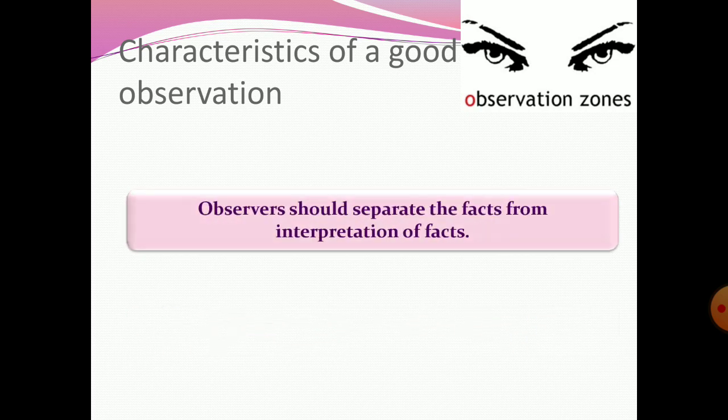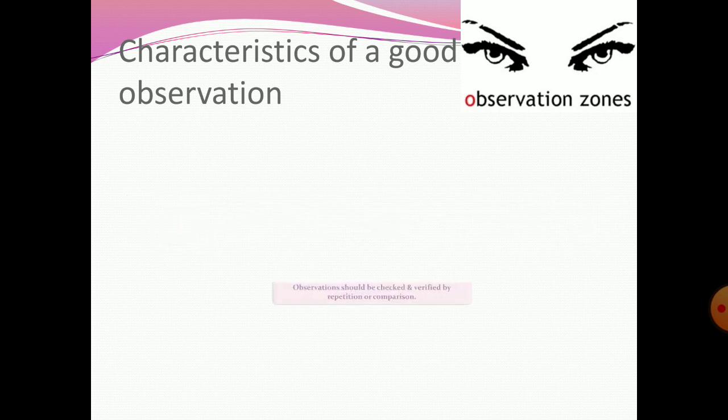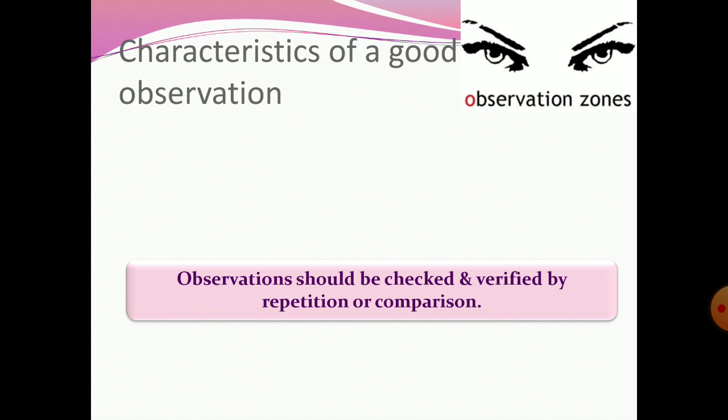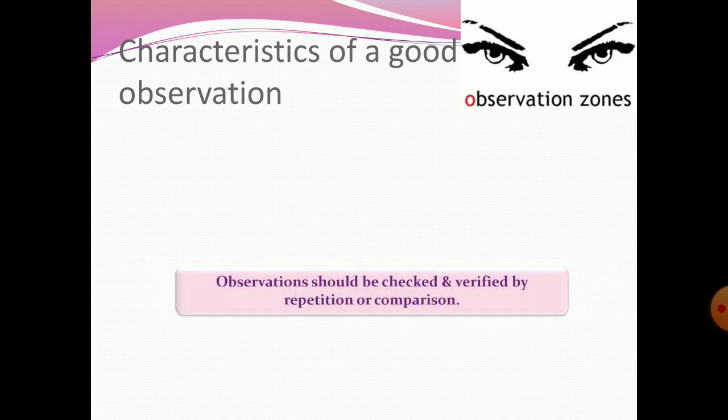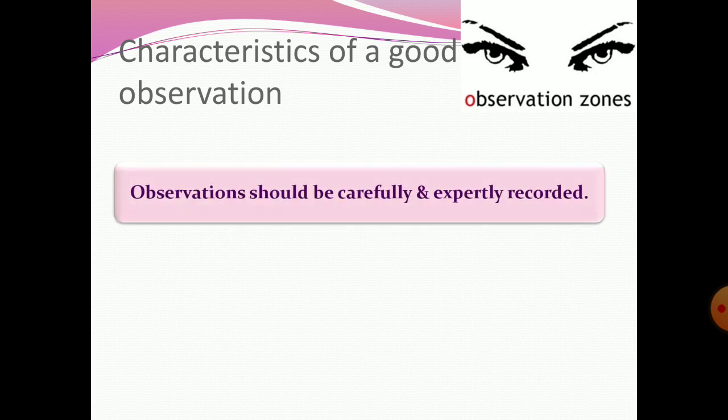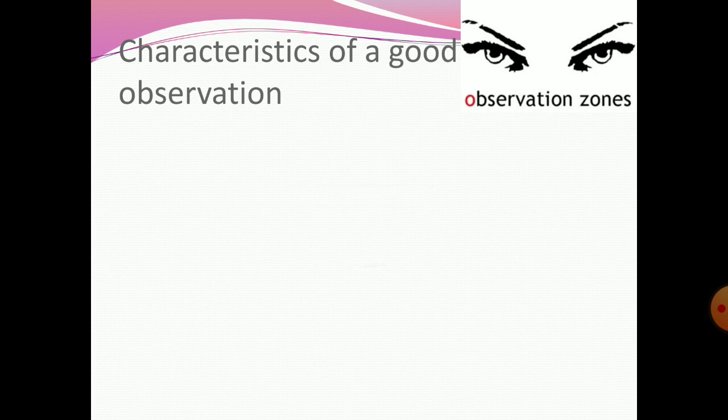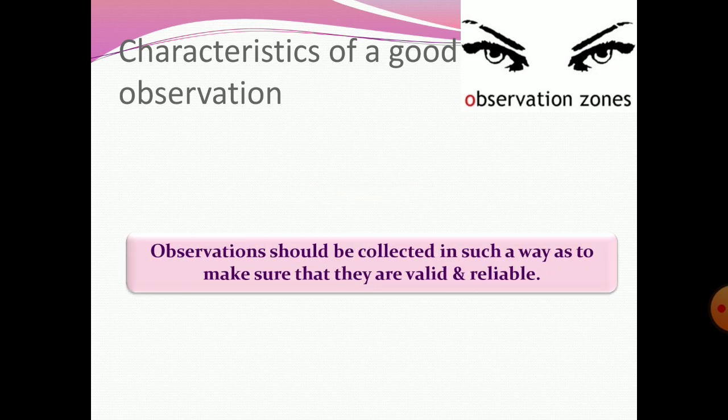Observers should separate the facts from interpretation of facts. Observation should be checked and verified by repetition or comparison. Observation should be carefully and expertly recorded. Observations should be collected in such a way as to make sure that they are valid and reliable.